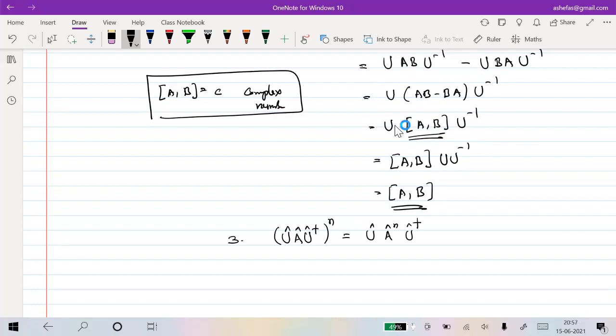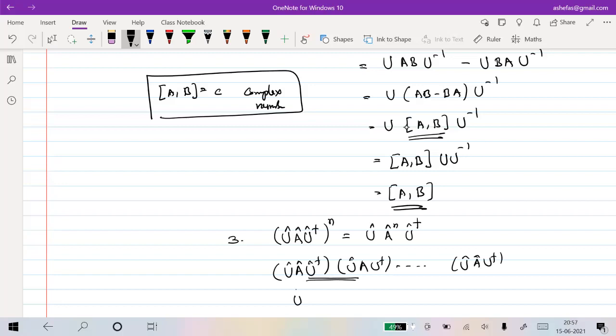(U A U dagger) raised to n is the product of U A U dagger times U A U dagger, up to U A U dagger. So we have to take the product of U A U dagger n times. Now there will always be U dagger U in between, and since U is a unitary operator, U dagger U would be identity.